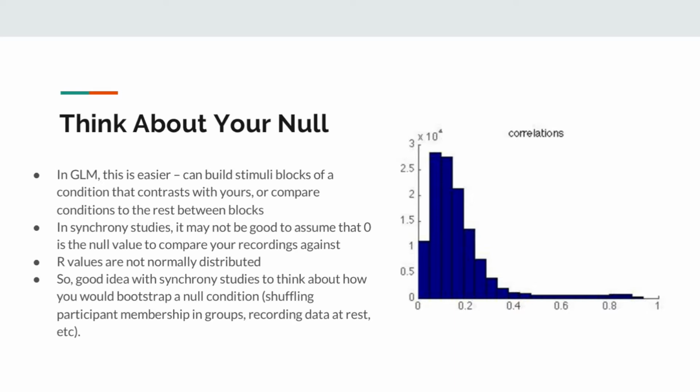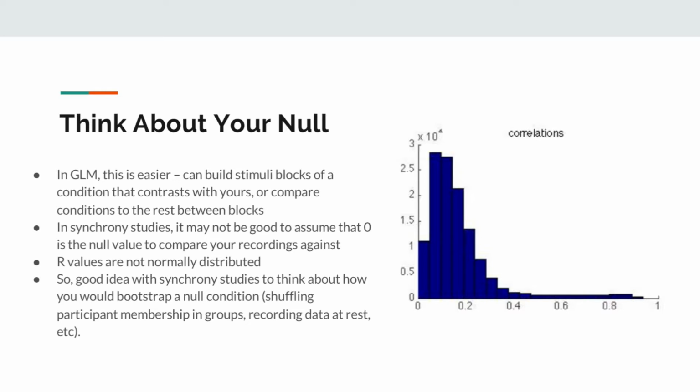And then as well, our values are not normally distributed, as you can see on this histogram here on the right. So a good idea with synchrony studies is to think about how you're going to bootstrap a null condition instead of just assuming zero is your null. Bootstrapping means shuffling participant memberships in groups.